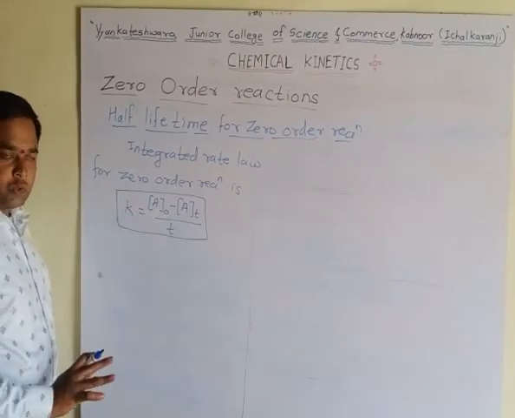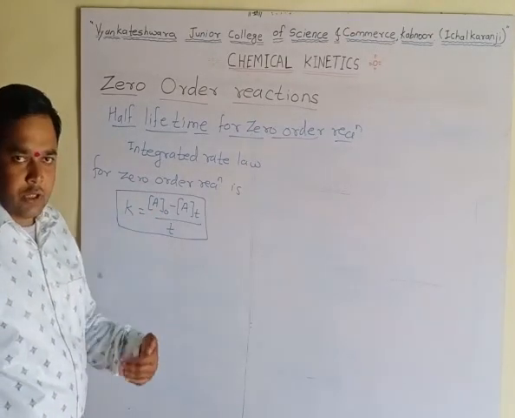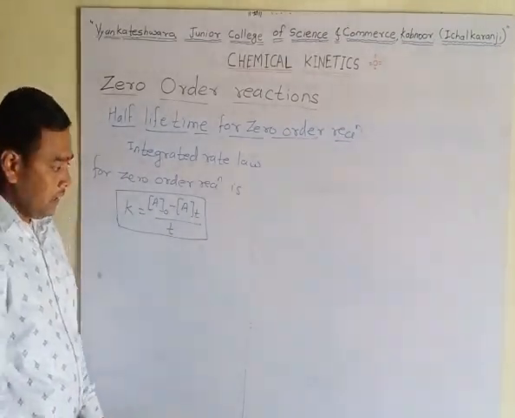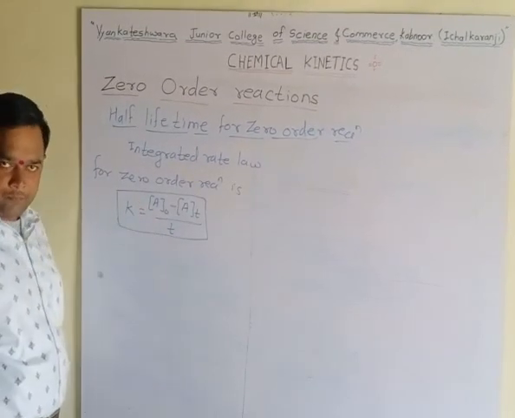Substitute the values of the initial concentration as well as the concentration of A after time t, and t is t half because this is the half-life time.